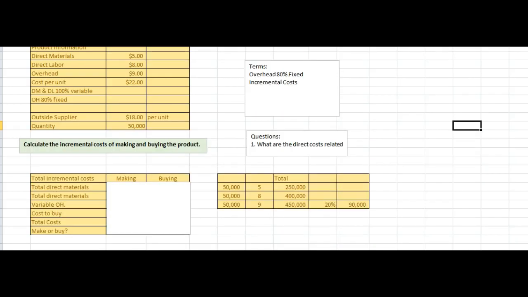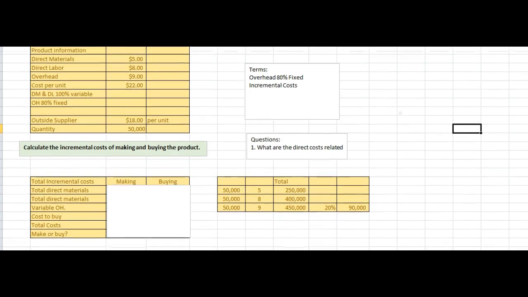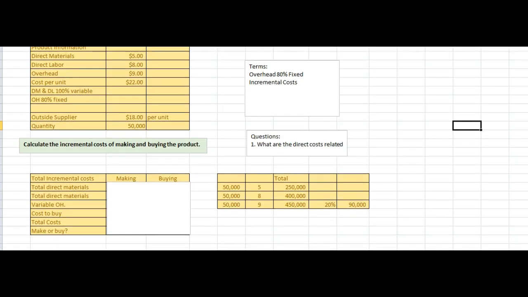Now, the final one, make or buy. And we've done this before. I bet you guys can do this one. The only tricky thing here, and I am going to let you do it, is the overhead, right here. 80% of the overhead is fixed, which means only 20%, and that's this right here.